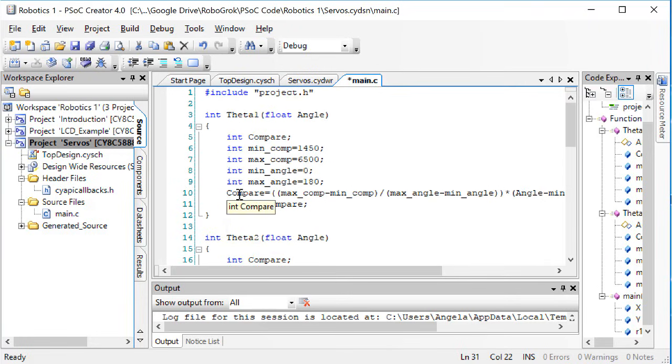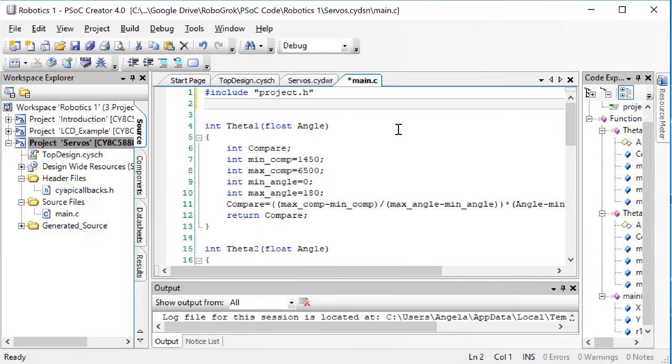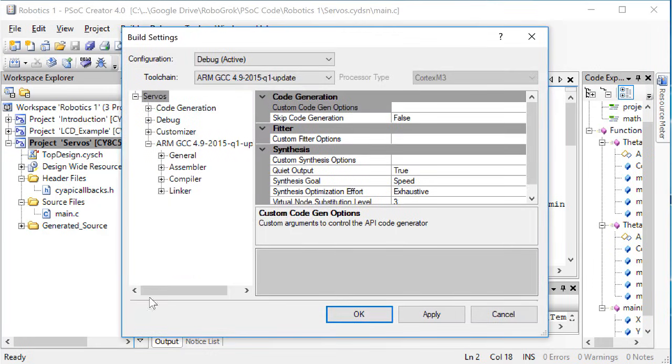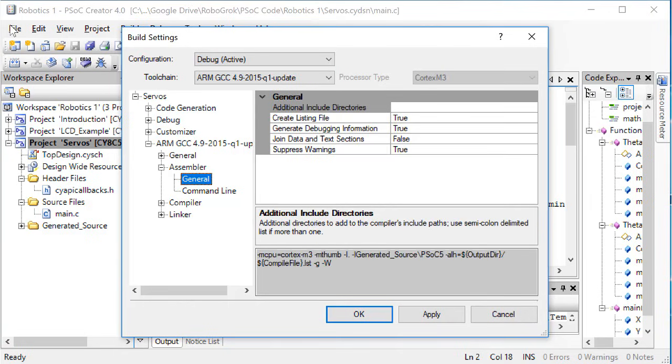Square root is not a function that is included in project.h. It's included in another library called math. So up here we need to include math.h. Then we also need to go to project, build settings, and in the assembler, click on general, and then where it says additional include directories, type M and hit enter.